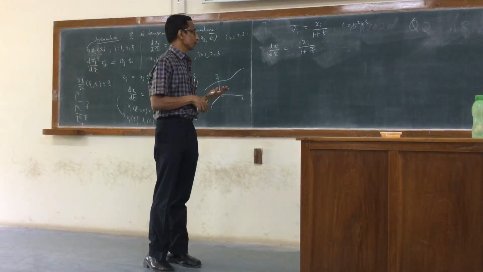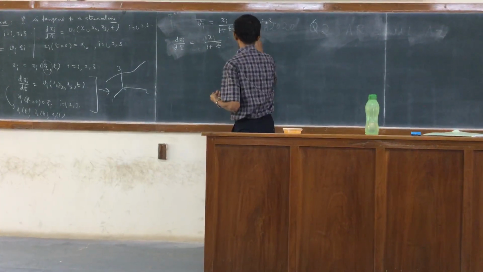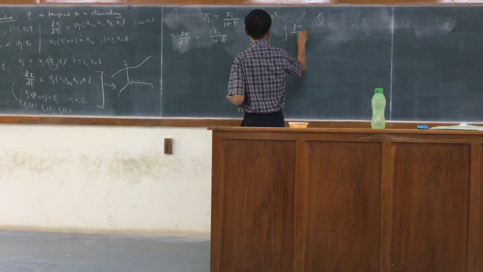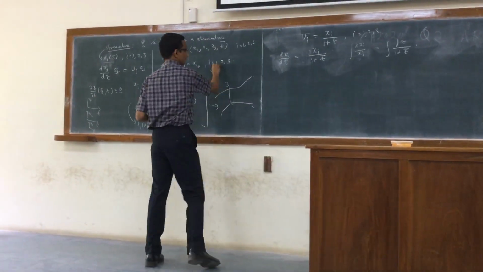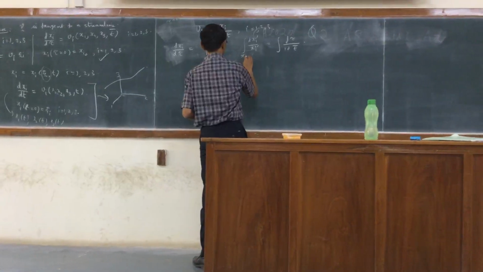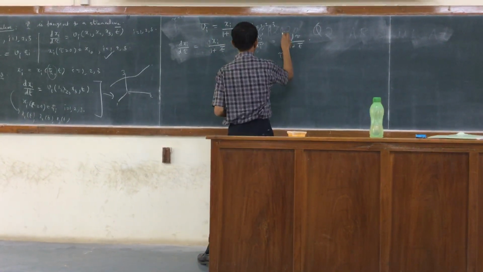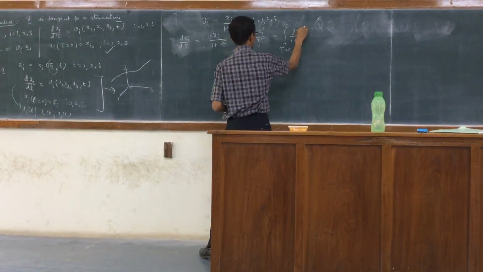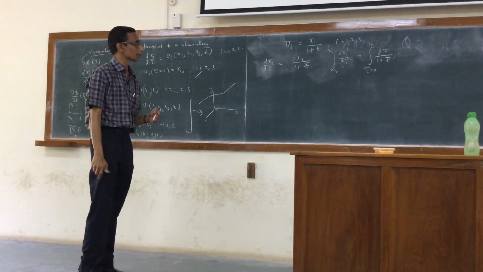So now I have to integrate this. It's very easy. I get dxi by xi. I can do it one by one. Again, I can choose some initial condition. I'll take this as the initial condition. I make this the dummy variable and put a prime for the dummy variable.